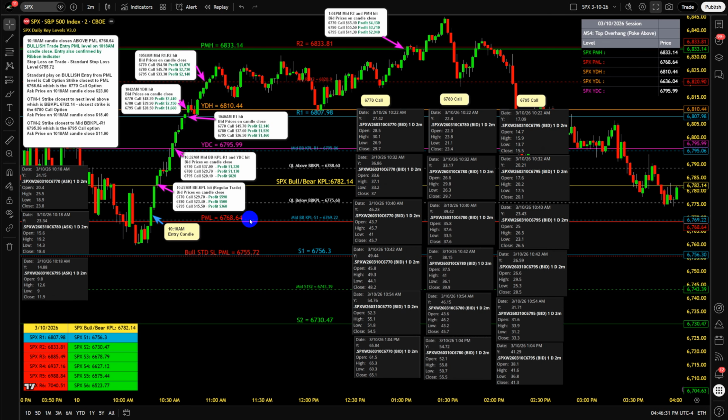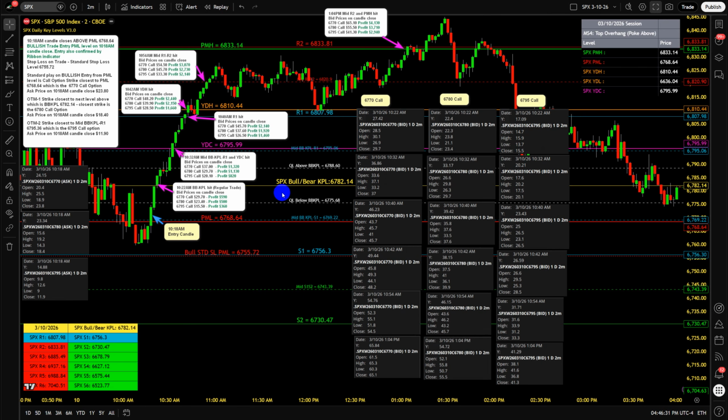Of course, there's going to be sessions where it's just simply going to break above PMH and keep going and never goes back down to PML, or you may have sessions where it breaks through PML and just keeps going. And so that's where the ribbon indicator can also come in handy as far as confirming the particular entries.